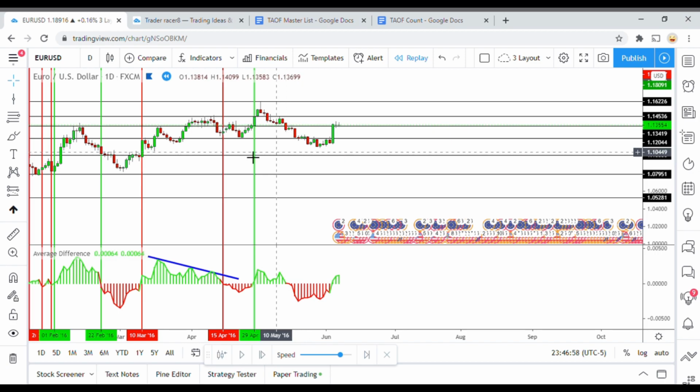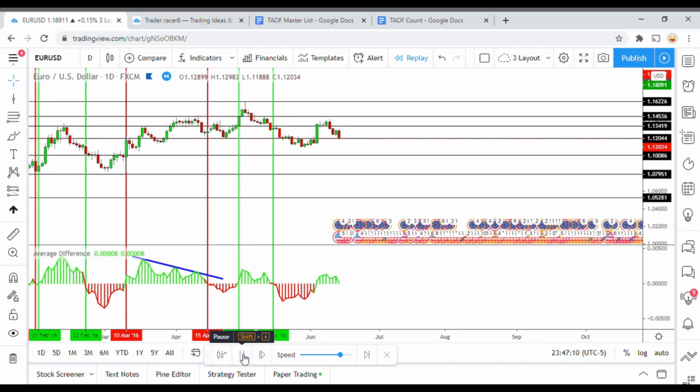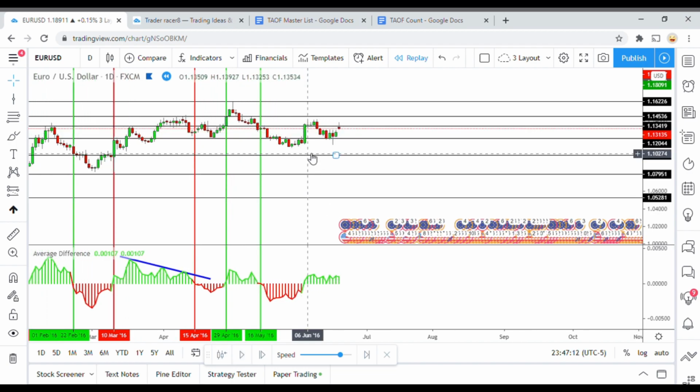And so we're dealing with an indicator that may not be the best at giving us signals, which leaves us to just kind of read price action almost by itself.